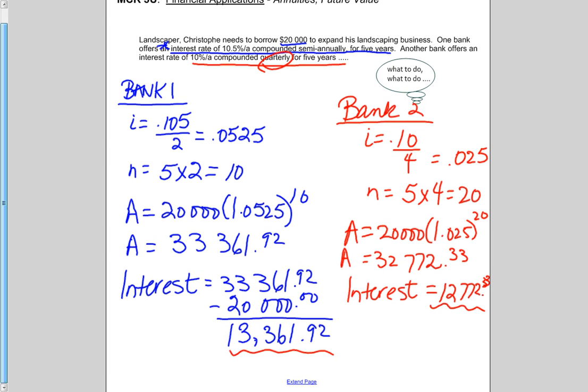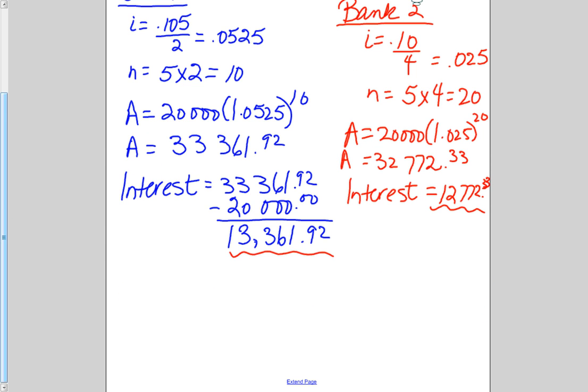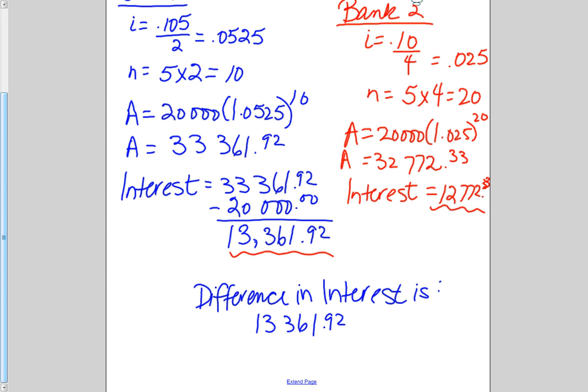The difference in interest is 13,361.92 take away 12,772.33. It's $589. And I don't know about you, but that's a fair bit of money.